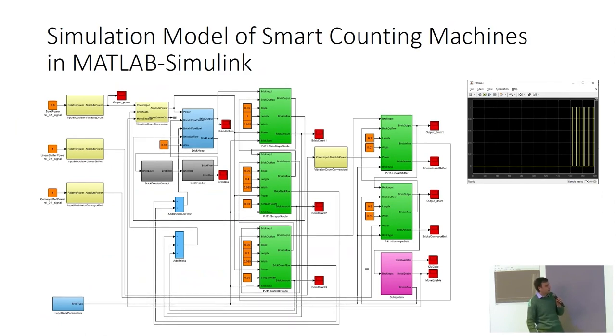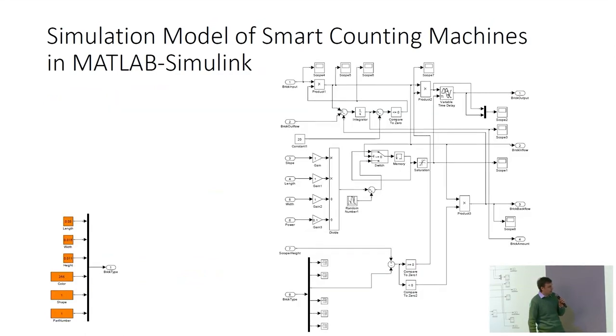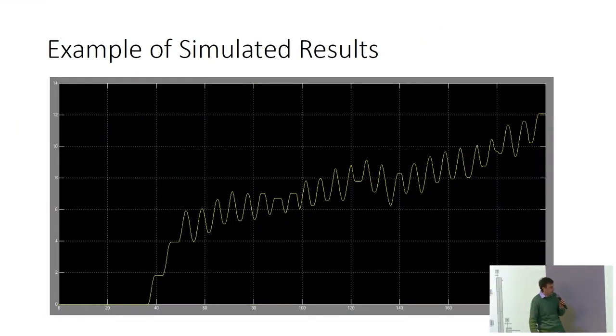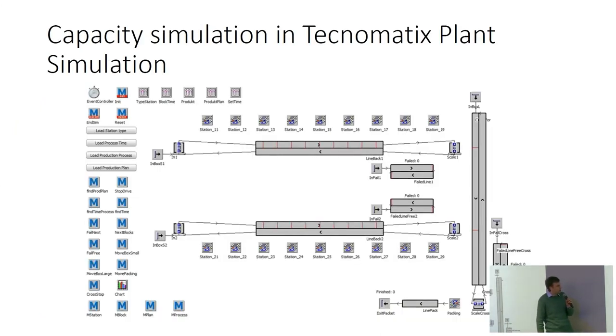We simulated what's going on in the machine, and based on those simulations we wanted to realize some linearized control algorithms. Unfortunately, it was not good enough, as I mentioned.